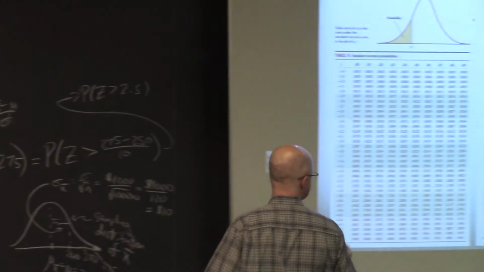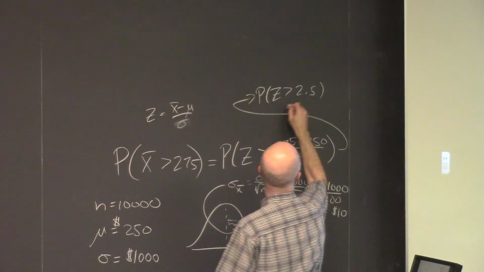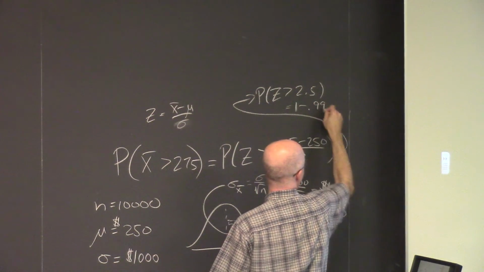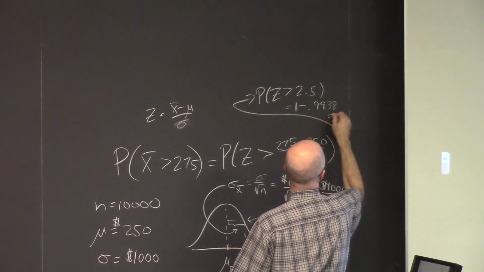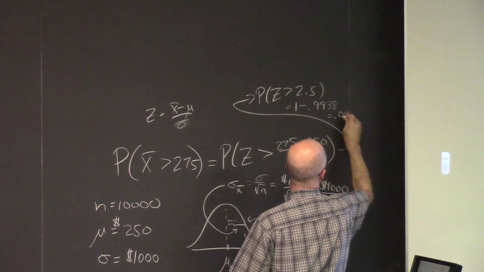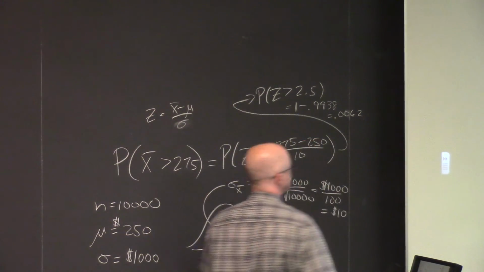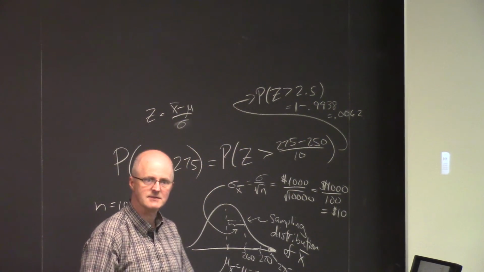Maybe for extra emphasis, I'll still write it as 1 minus 0.9938, you can look in your book to confirm that, is 0.0062. 0.6% chance.